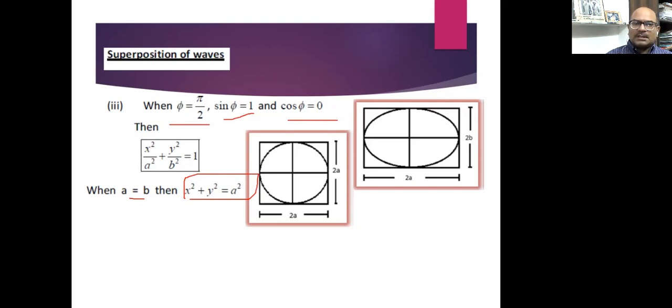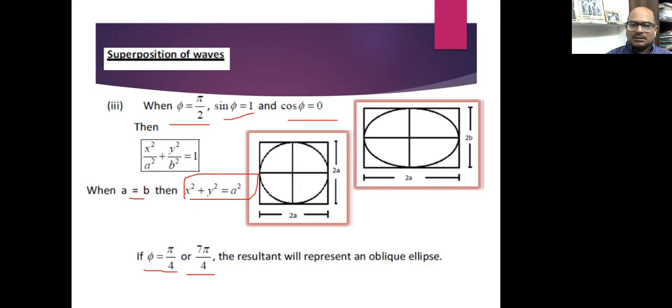So it reduces to an ellipse when phi is equal to pi by 2, and if the amplitudes are equal, then that ellipse reduces to a circle. For phi equal to 5 pi by 4 or 7 pi by 4 and so on, the resultant will represent an oblique ellipse. So accordingly, an oblique ellipse is also possible in this case.